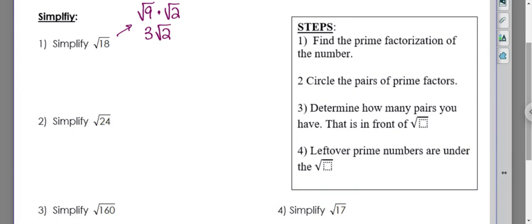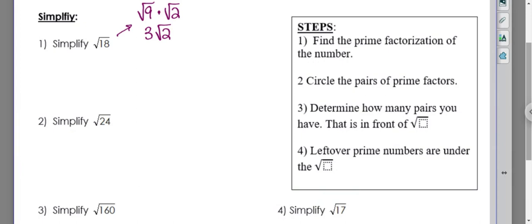So when we're dealing with smaller numbers like these, the 18, the 24, it depends on how well you know your perfect squares and how well you know all the factors of the number, so that may be easy to do. However, if you don't, or you're just trying to go through all the factors, that's where we can look at the prime factorization.